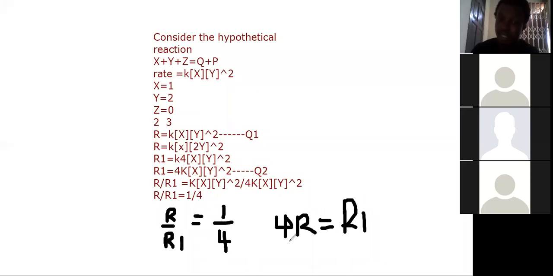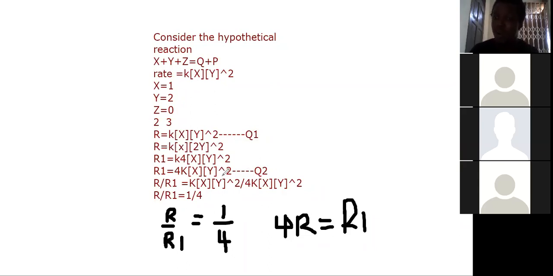Do you get the mathematics here? When this one is doubled, it was just doubled, but here it has increased in 4 folds. So this one is in order 2. If it were order 1, then once this one was doubled, here would have been 2, not 4.